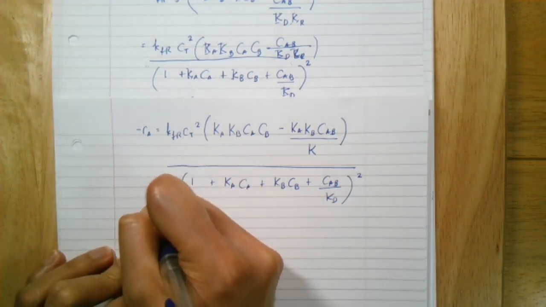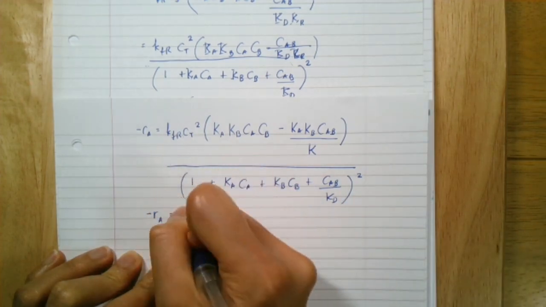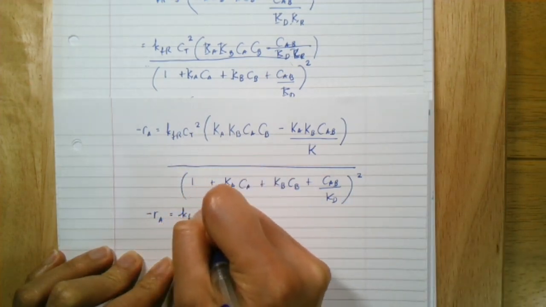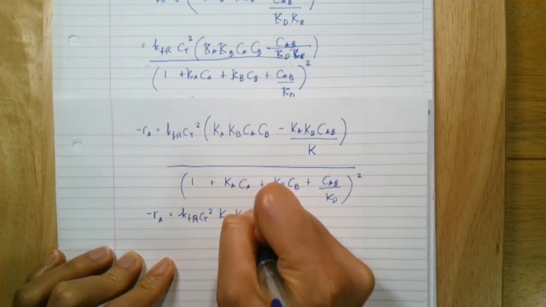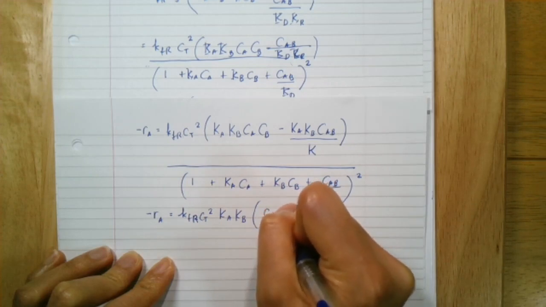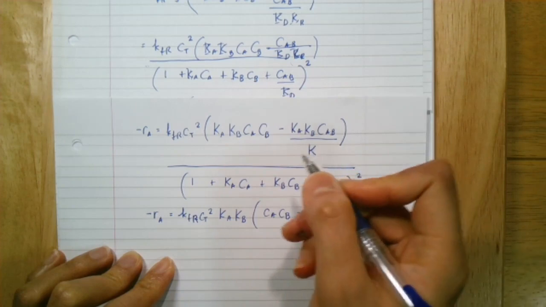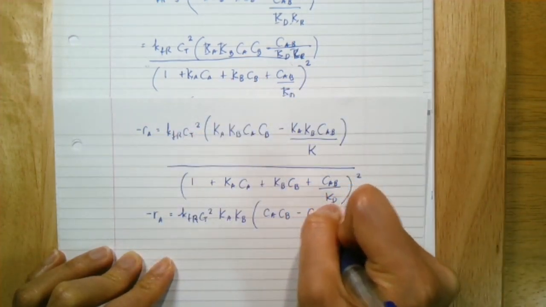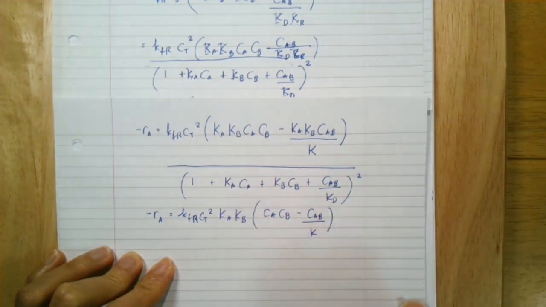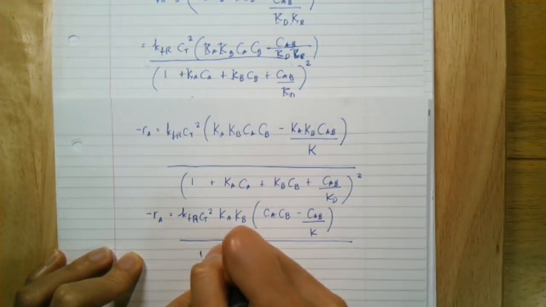So this will become negative Ra equal to KFR Ct squared Ka Kb Ca Cb minus, okay, so I'll take out Ka Kb. So this will become Cab over K, all over the denominator.